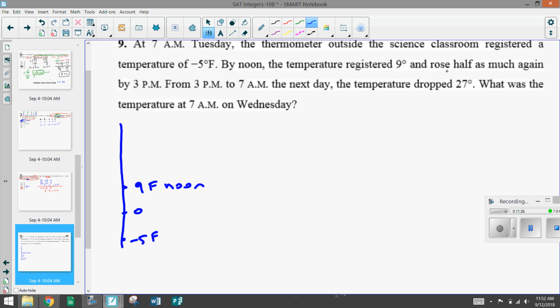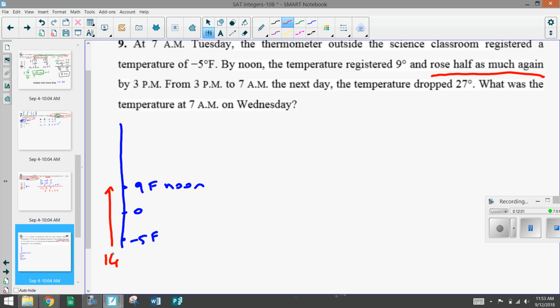And rose, here the wording is complicated. Rose half as much again. So how much did it rise? What was that previous rise? How much was it? 14. That's right, because it rose from here to here at first. What is the difference there? Exactly, that is 14.